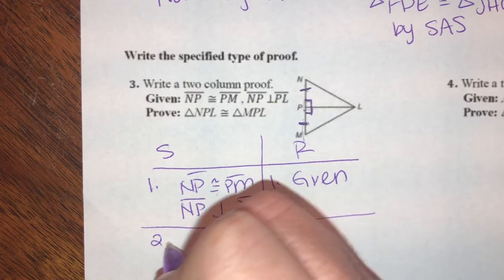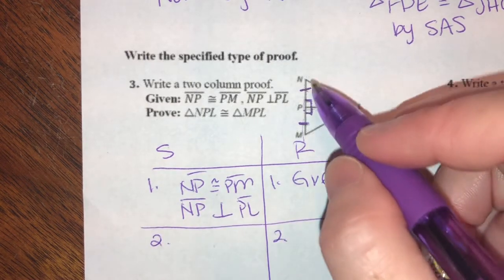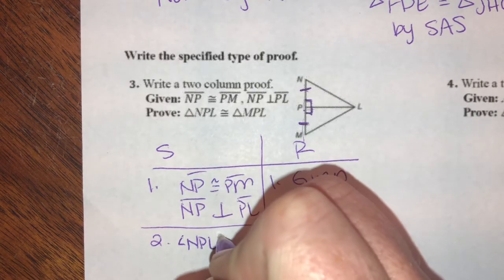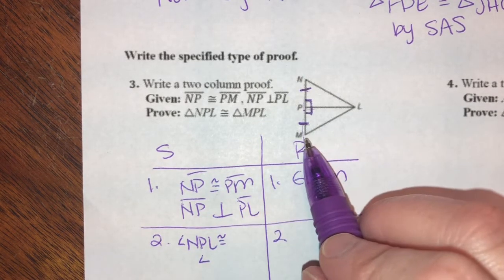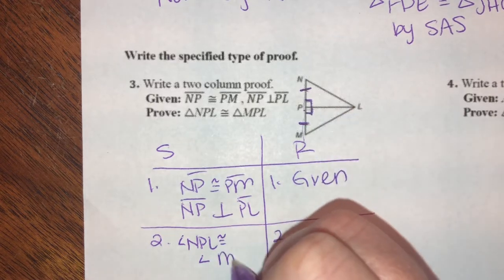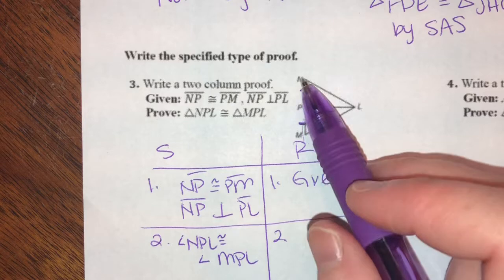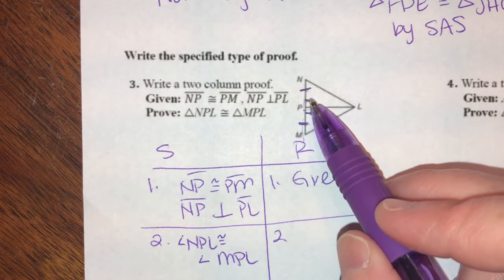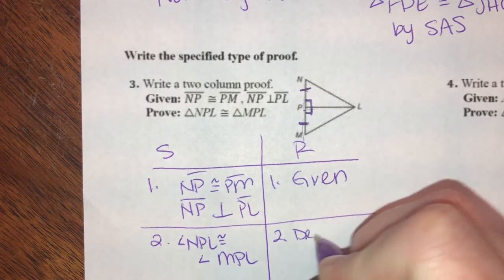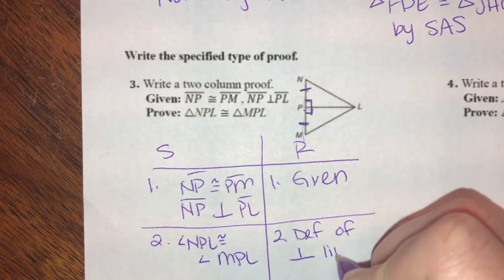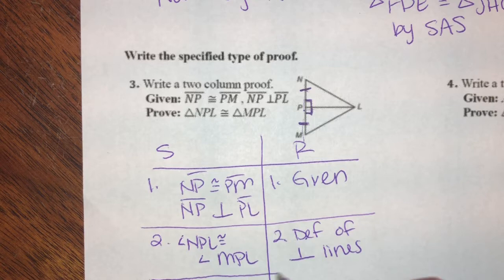So in step 2, I'm going to say angle NPL is congruent to angle MPL. Why is that? Because of the definition of perpendicular lines. They create 90-degree angles. Okay, they're both 90 degrees.